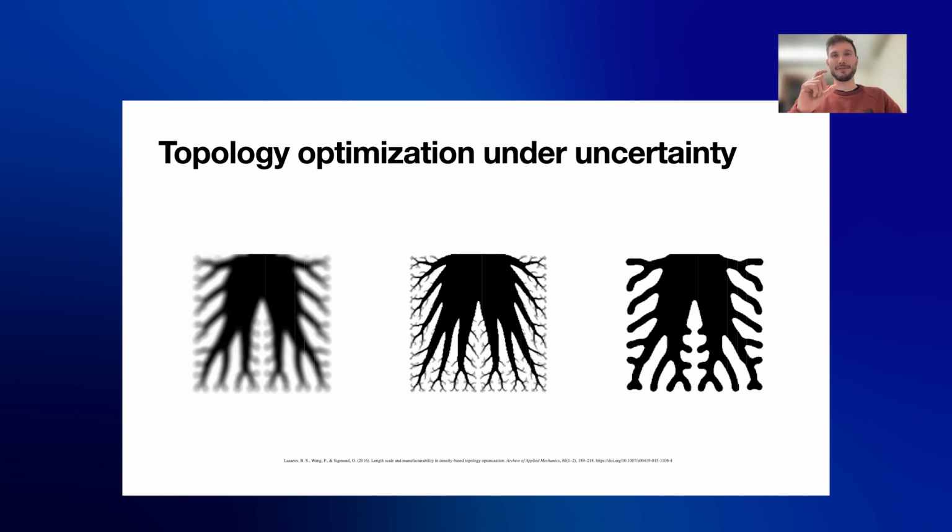The point that I want to make is if we include the random fields inside the optimization loop, the optimization procedure adapts to the uncertainties in the system and can find structures that are manufacturable, in contrast to the middle one, which is not. And then we find structures that we can produce and still have this optimality constraint that we lose from going from the first image to the second image.